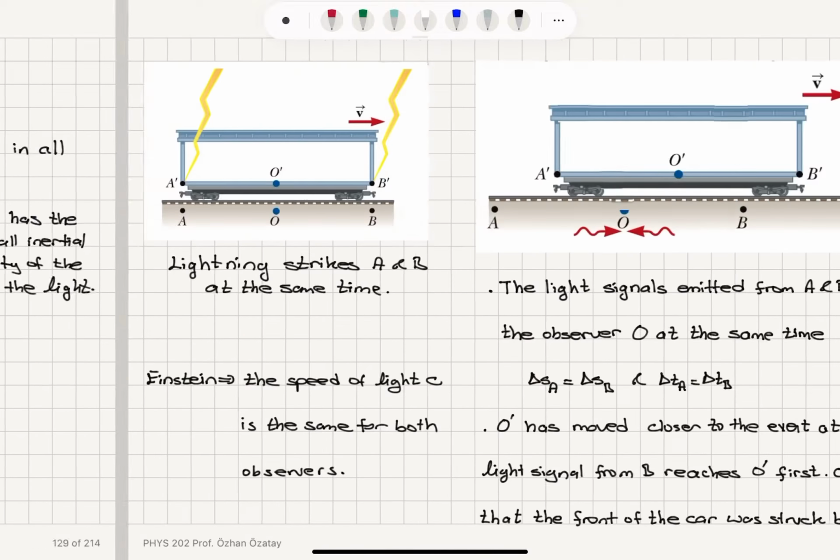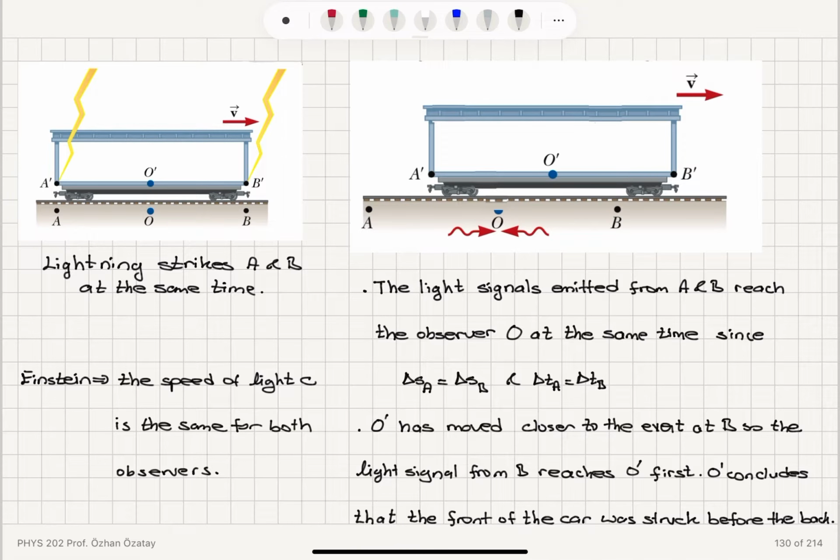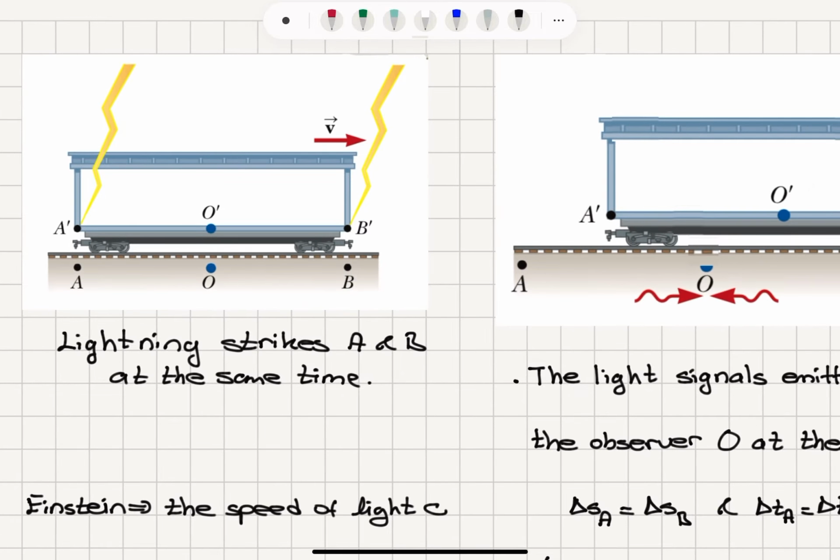Okay, so let's demonstrate this with an experiment. We have a train here that is moving with a velocity v to the right. We label the left end A prime, the right end B prime, and the midpoint O prime.